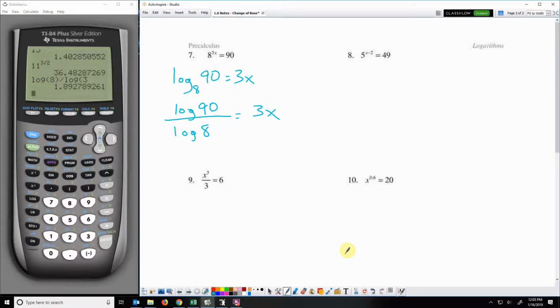To get x by itself, I need to divide both sides by 3. So I can do log 90 divided by, and I'm going to put in parentheses so I get all of this together, 3 log 8. And I've opened parentheses, I need to close both. 0.72.